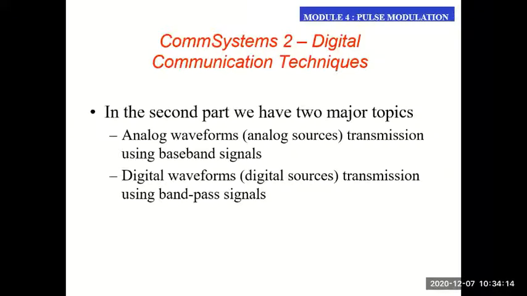Initially, we'll study transmission using baseband signals. Baseband means low frequency, right? The message signals as they are without any modulation. Later on, we'll study about modulation. Now comes the question, why digital? Can you tell me why we need to go to digital?